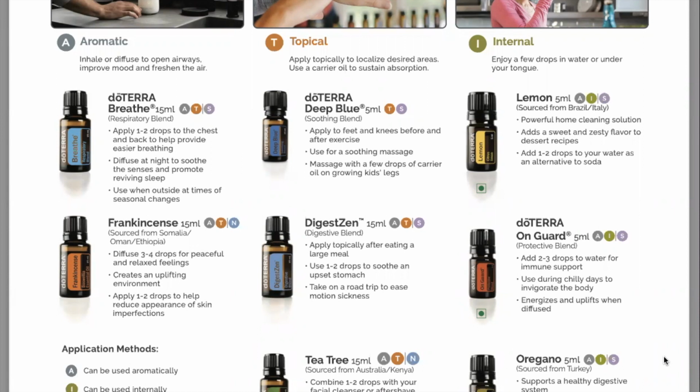It doesn't have to be a full massage. It can just be dabbed across the stomach, and within minutes, you'll see results. And that's where I use this on a regular basis with my kids, with myself, especially with motion sickness. DigestZen is one of the ones.